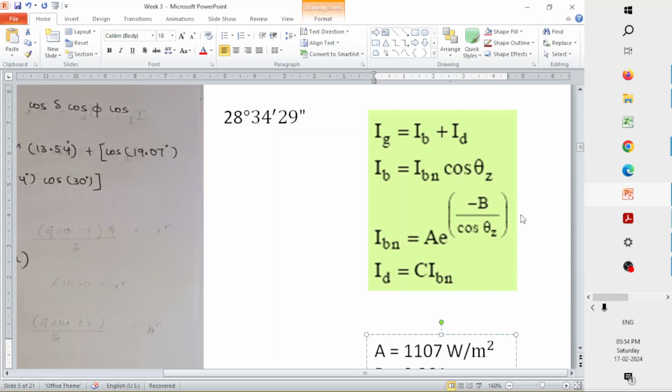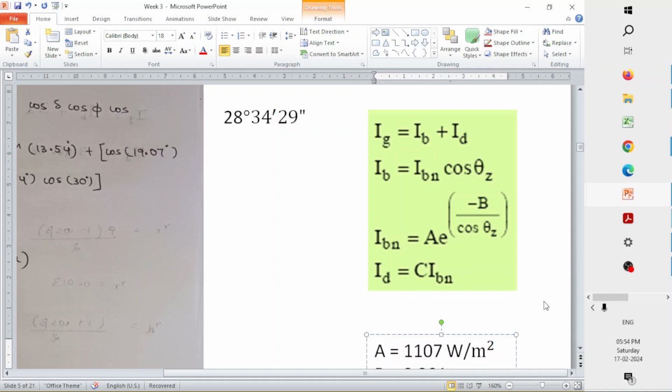There you will have the readings of the pyrheliometer and pyranometer. But this is just for practice, to understand how a pyranometer or pyrheliometer calculates the value of global and beam radiation. We should know that, so for that conceptual purpose we are calculating here. In the majority of exams you may not get a calculation of IG and IB, but this is for your own benefit, so we are solving this here.